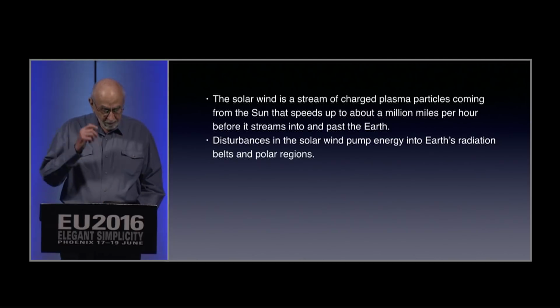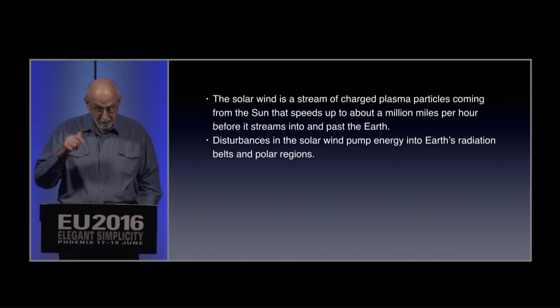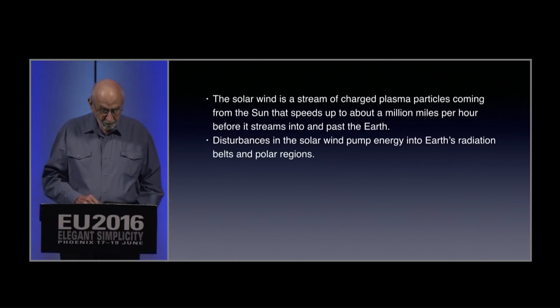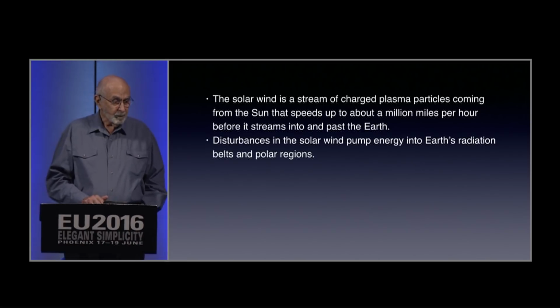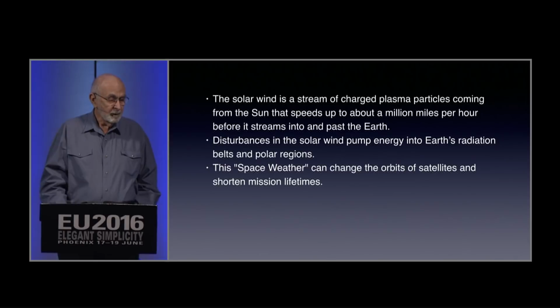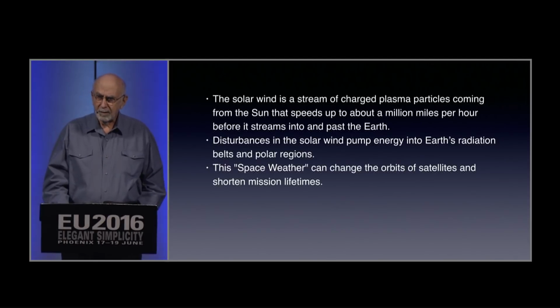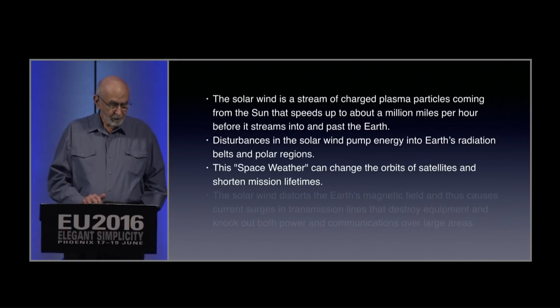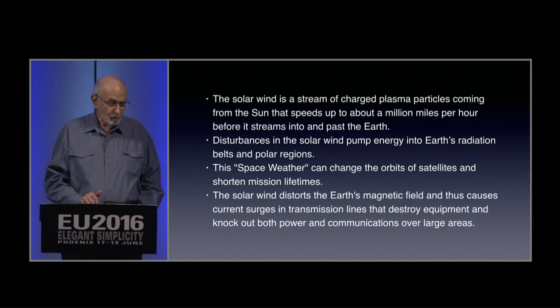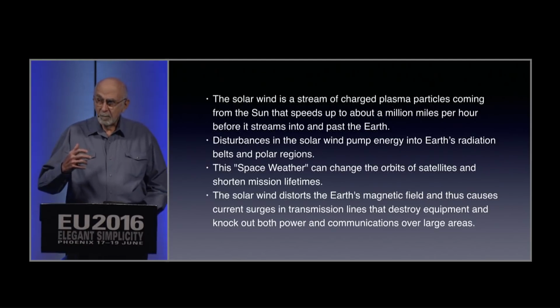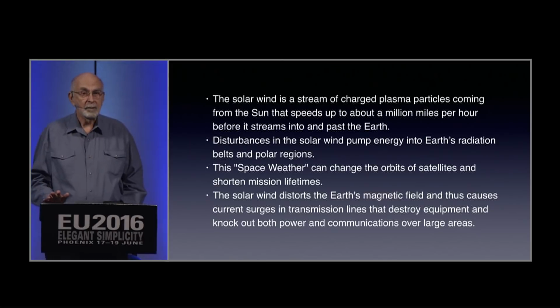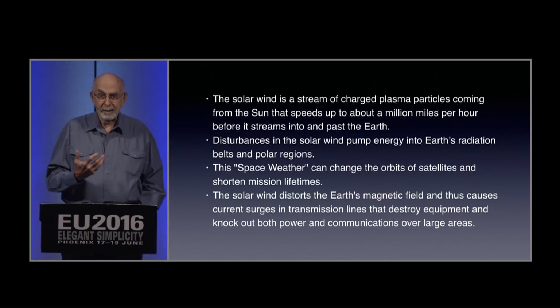Disturbances in the solar wind pump energy into the Earth's radiation belts and polar regions. Space weather, clearly, as Ben points out, can change the orbits of satellites, shorten mission lifetimes, and create all sorts of havoc. The solar wind distorts the Earth's magnetic field and thus causes current surges in transmission lines, and pretty much we know this, so I'm not going to mention those things again.